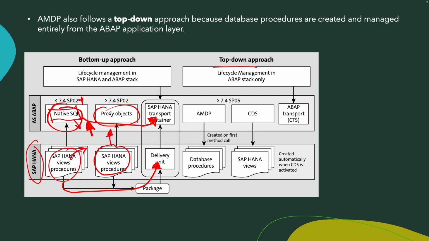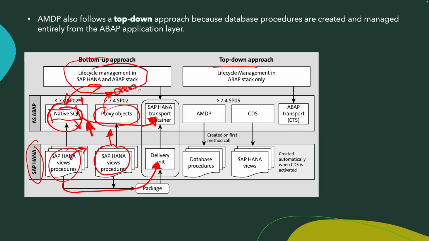Proxy objects are those objects which let you access these database views and procedures with OpenSQL. So this native SQL problem is solved, but we still need to go with the delivery unit and transport container, and the developer needs to make sure everything stays in sync. So this is a complex lifecycle management.